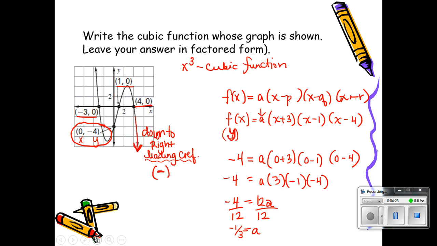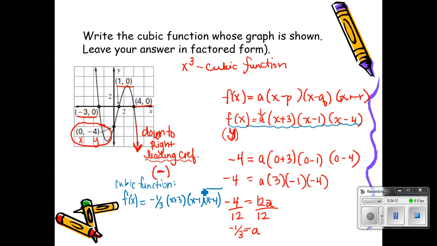So now what I do is I go back up to this equation right here, and I plug in what I found for a. So I'll have f of x, the equation of the cubic function as seen in the graph, equals -1/3 times x plus 3, x minus 1, and x minus 4.